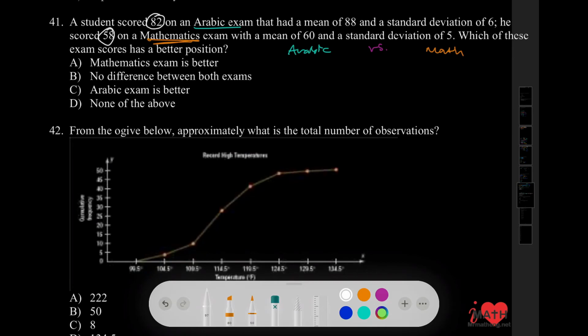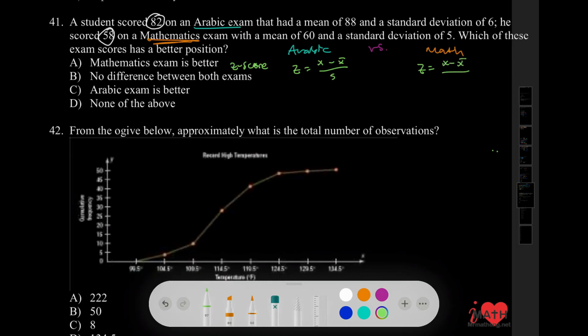And what you do for that is you use z-scores. So my z-score formula is z equals the data point minus the average or the mean, divided by the standard deviation. So I'm going to write that 2 times.